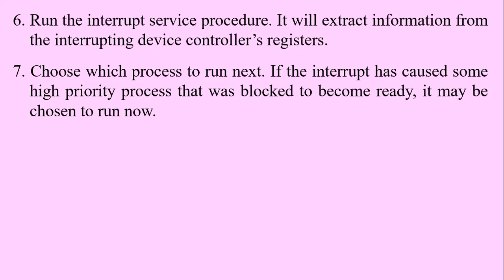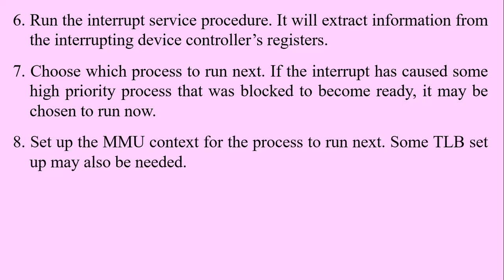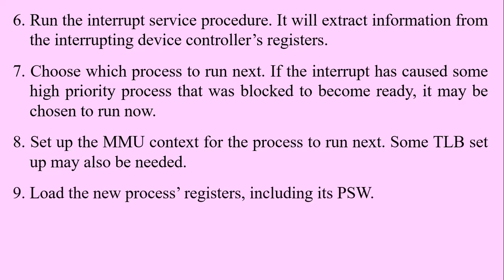If the interrupt has caused some high priority process that was blocked to become ready, it may be chosen to run now. Number 8, set up the MMU context for the process to run next. Some TLB set up may also be needed. Number 9, load the new process's registers, including its PSW. Number 10, start running the new process.